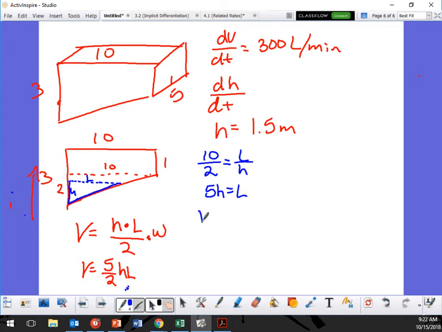So it's going to be V is equal to 5 over 2 times L, which is 5H times H. So now I have V is equal to 25H squared over 2.